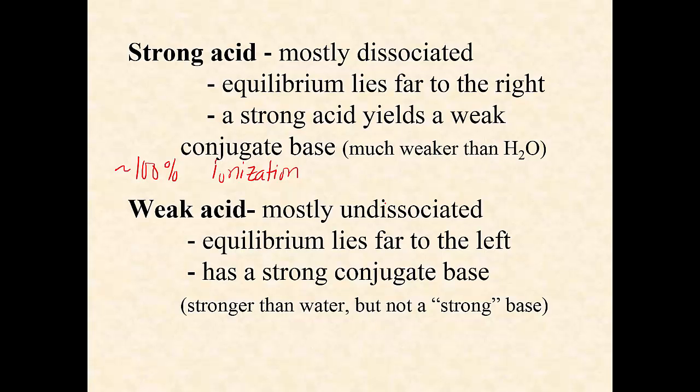You can't just say, well, because it has a small Ka, it's a weak acid. It has a small Ka, which means it's not producing very many ions, therefore it is a weak acid. Weak acids are going to have very small Kas. But again, why? You don't get very many products. What are your products? Ions. So you aren't producing very many ions. It is a weak acid.